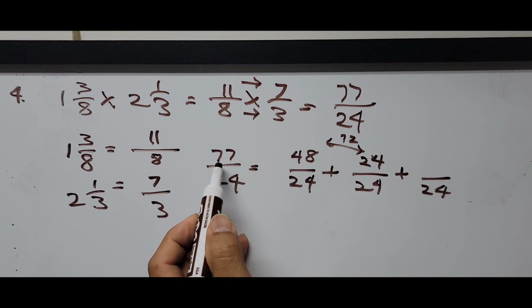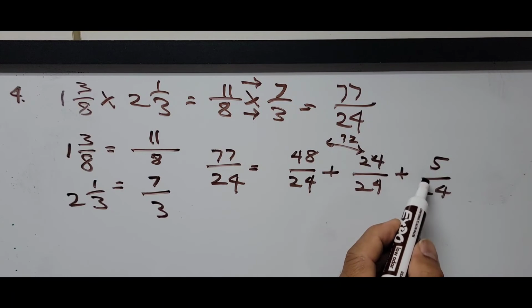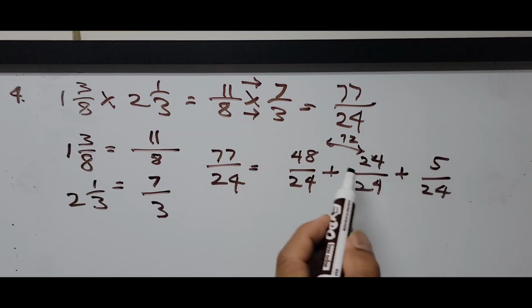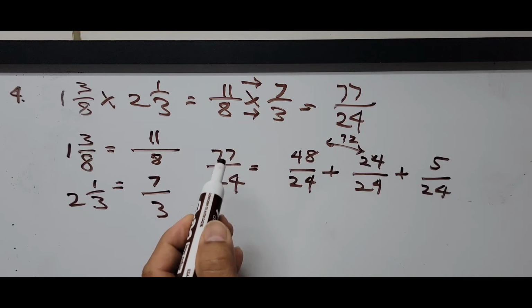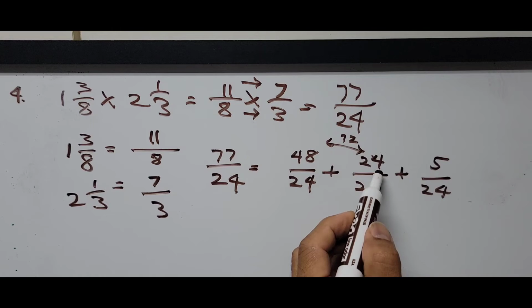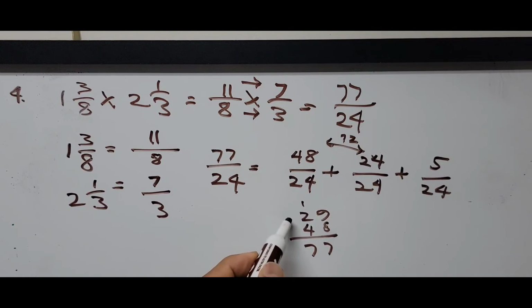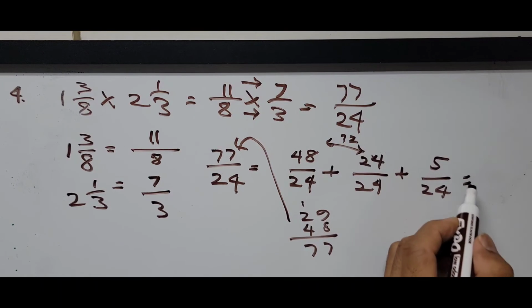What remains of 77 is 5. So if you take a look, you add all this up, this should make up to 77. So that is 24 plus 5 is 29. Add up 29 to 48. It should be 77. So that's the one right there. Okay, so now we have to add this up.